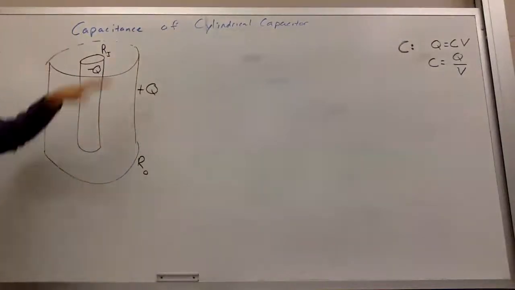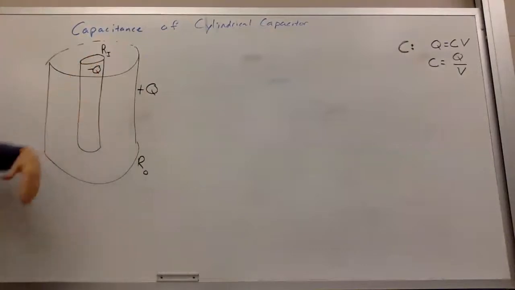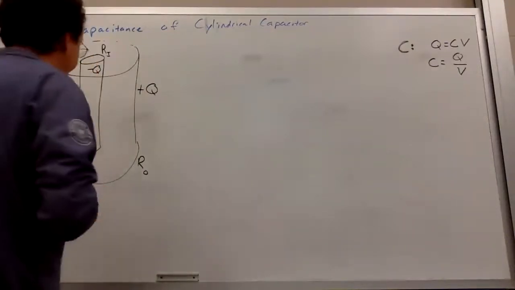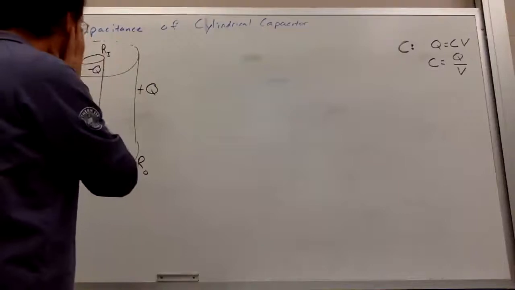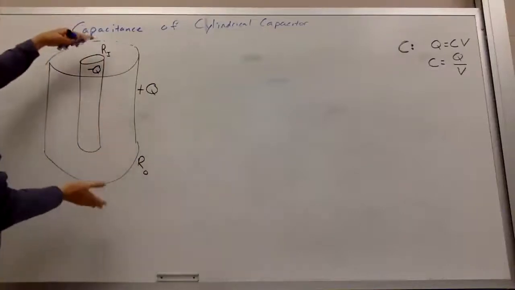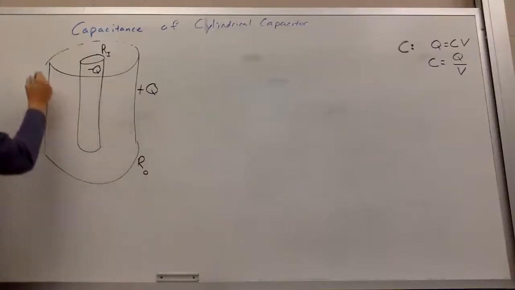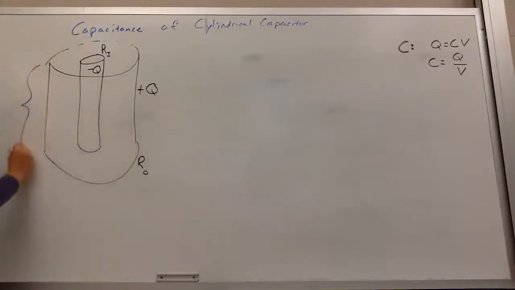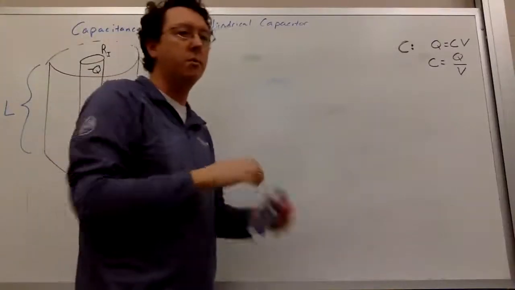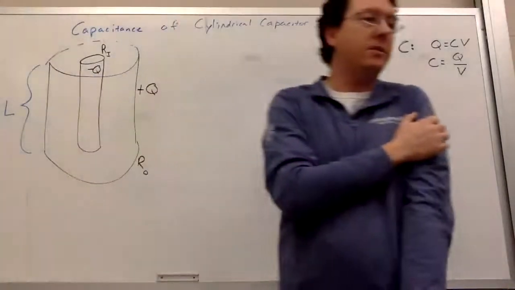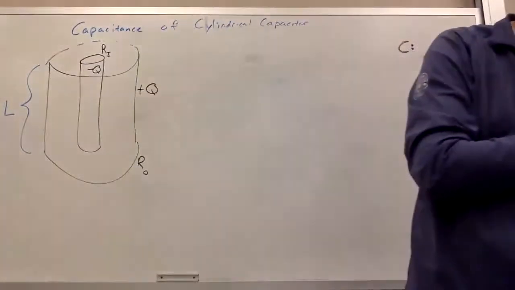So if there's no charge here, then, well, that's what we're going to do. Okay. And we're going to take the cable to be really long, you know, give it some total length, L. So, just a huge number that is just not going to matter.